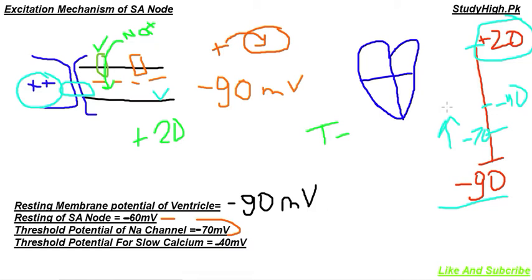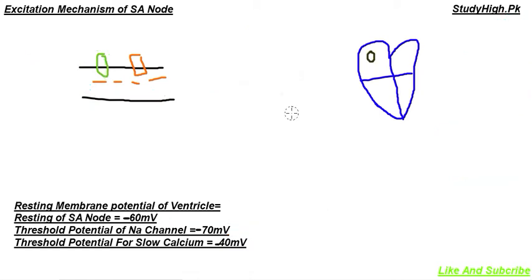Now we are going to discuss how action potential is generated in the SA node and how it is different from ventricular muscles. First, you must know how the SA node is different from other types of cells. This is an SA node, sinoatrial node. It has less diameter as compared to other atrial muscles.